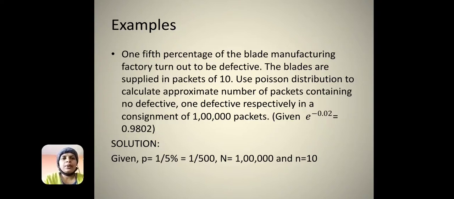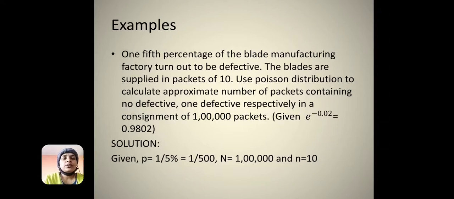The example is like this: 1/5 percent of blades manufactured in a factory turn out to be defective. The blades are supplied in packets of 10. Use Poisson distribution to calculate the approximate number of packets containing no defective and one defective respectively in a consignment of 1 lakh packets.